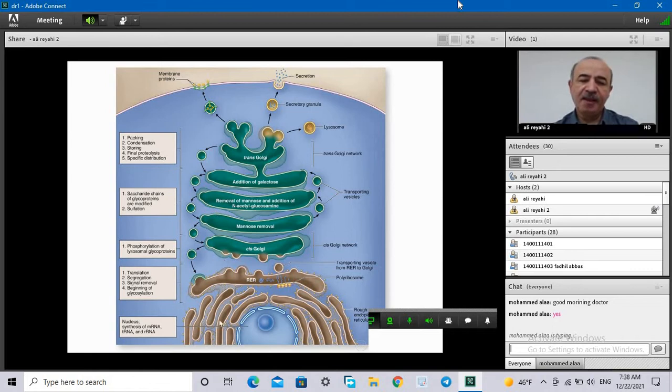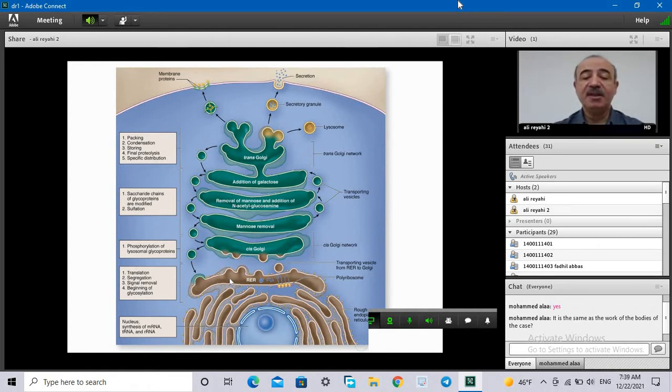Look here. The protein for secretion, for example, is synthesized within the rough endoplasmic reticulum with the help of the ribosome, if you remember. And from the rough endoplasmic reticulum, these primary proteins enter the Golgi cisterns.